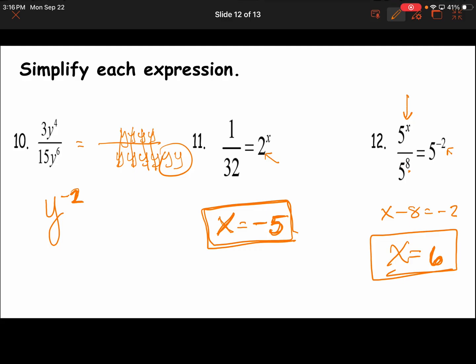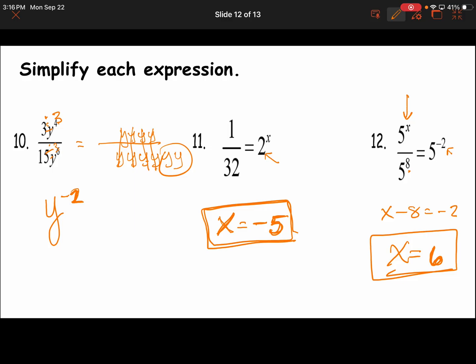We would have y to the negative 2. Now, what are you going to do with 3/15? We're not going to make it a decimal. We aren't going to leave it 3/15. The question is, does it simplify? By what number? Not by 5. It simplifies by 3. 3 goes into 3, and 3 goes into 15.